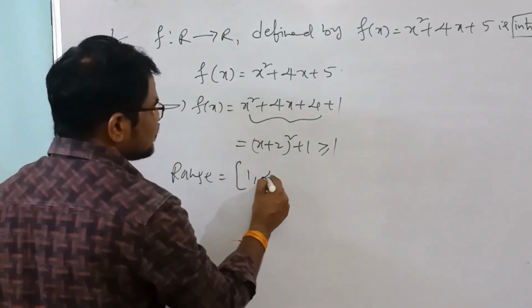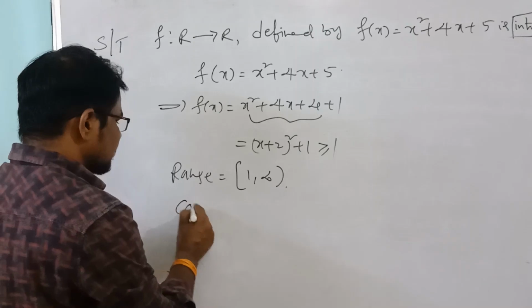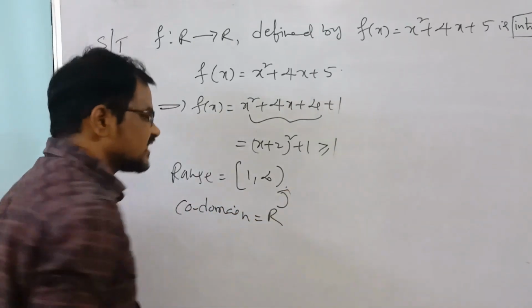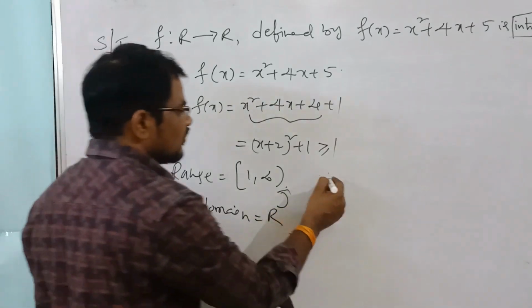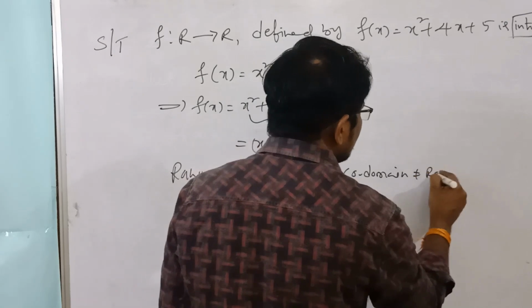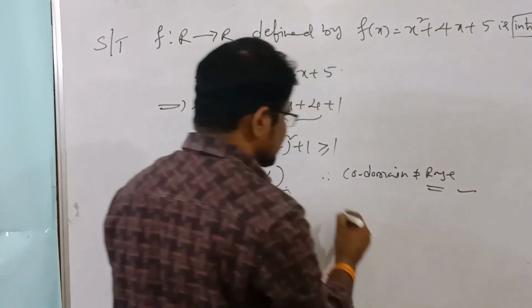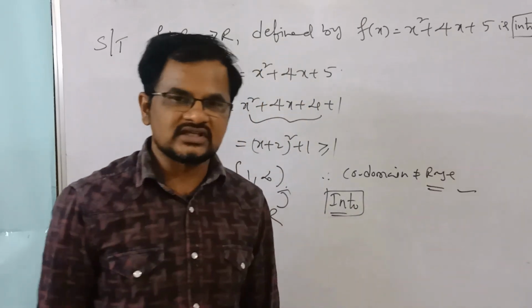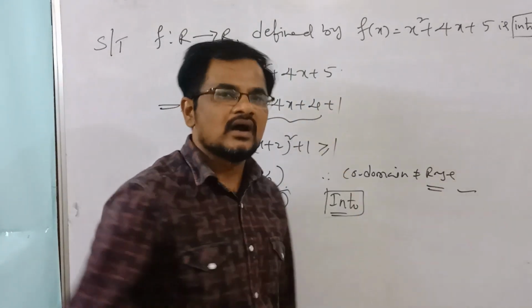The closed interval 1 to infinity. But the given codomain is what? Real numbers. Are these two the same? No. So codomain is not equal to range. If codomain is not equal to range, then definitely the function is what? Into function. This function is not an onto function.